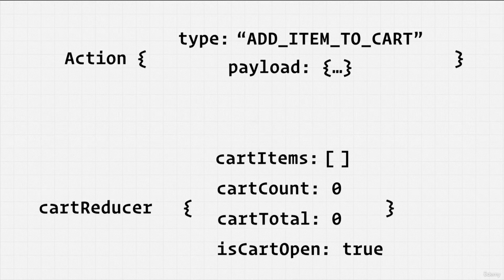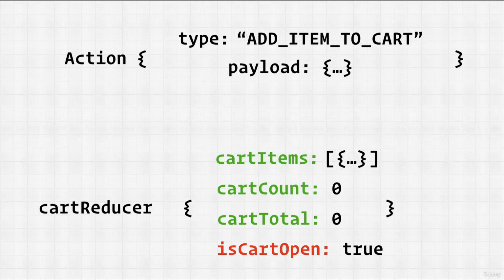Here, of course, now the reducer is going to say, oh, okay, I've got this action with this type add item to cart. I'm going to take that payload, which is the object, and I'm going to update correspondingly the value to that cart. Cart items, cart count, and cart total all need to update whenever an item adds to cart. But we know isCartOpen is completely unaffected by adding items to cart.